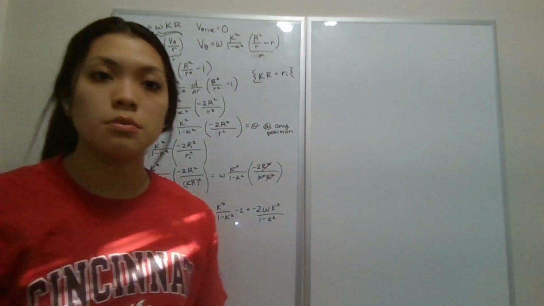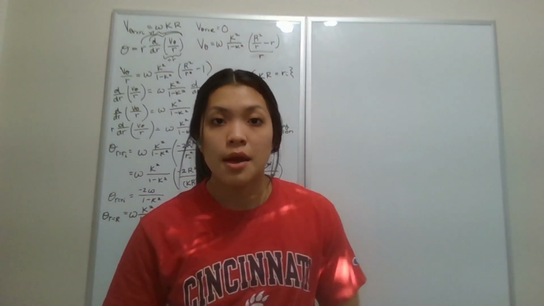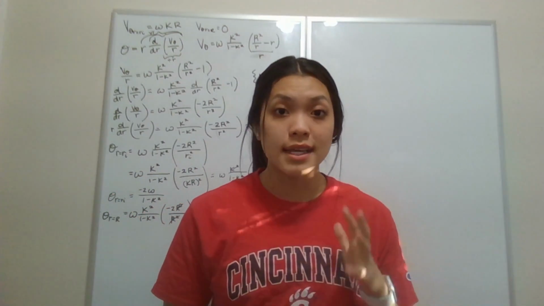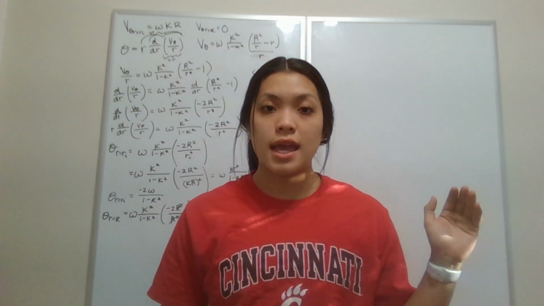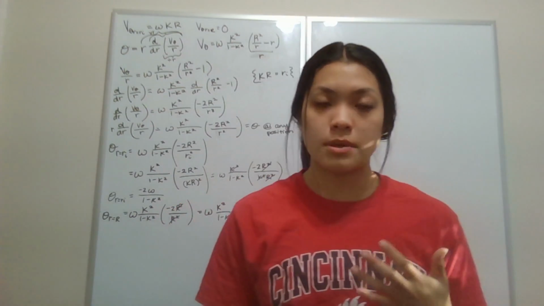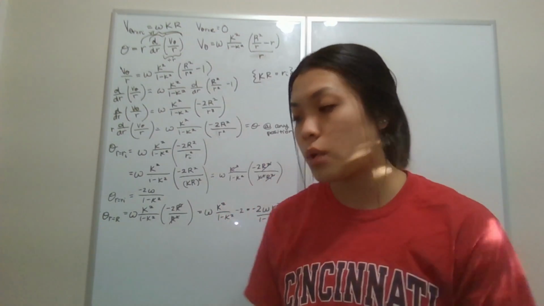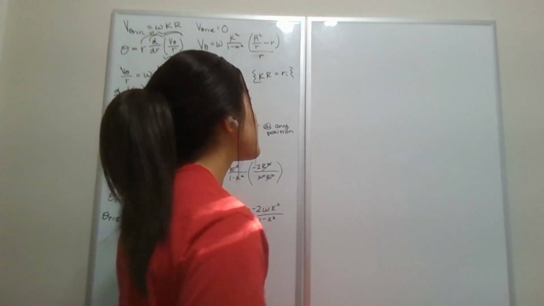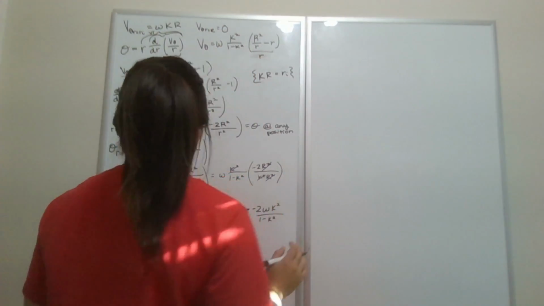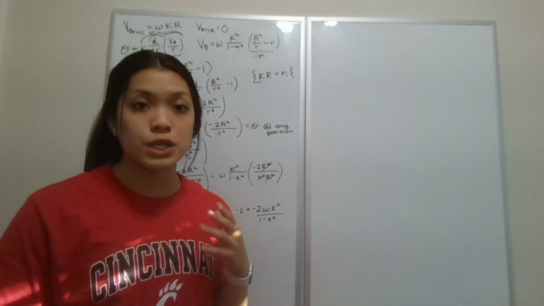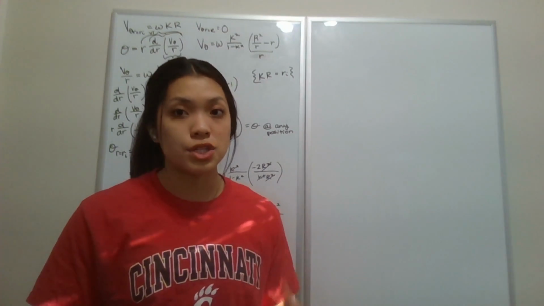So we talked a little bit about the velocity at the inner and outer cylinders and the velocity profile, and then we talked about the shear rate. So how does this relate to torque? Well, there's a few steps to get to that. So knowing the shear rate is very helpful because we can use the shear rate to find the shear stress.